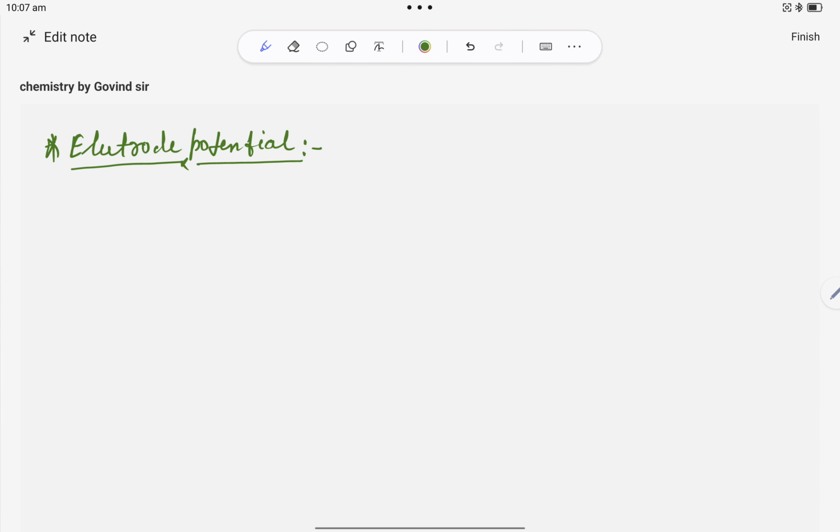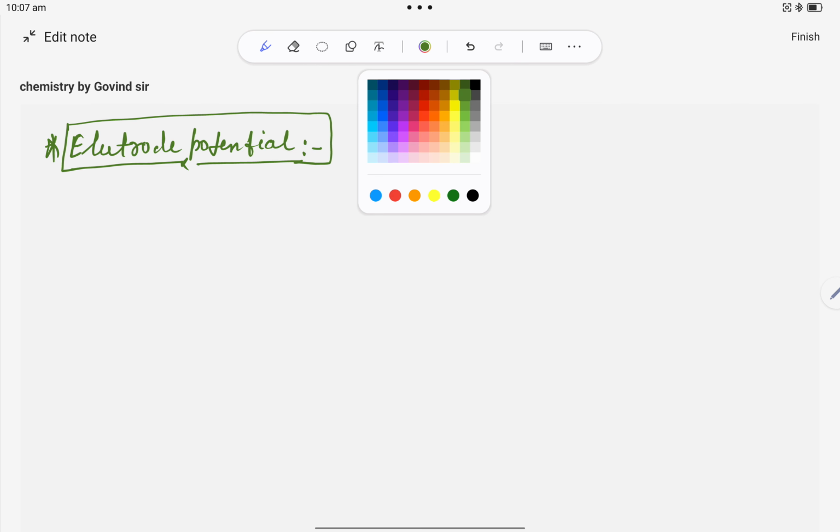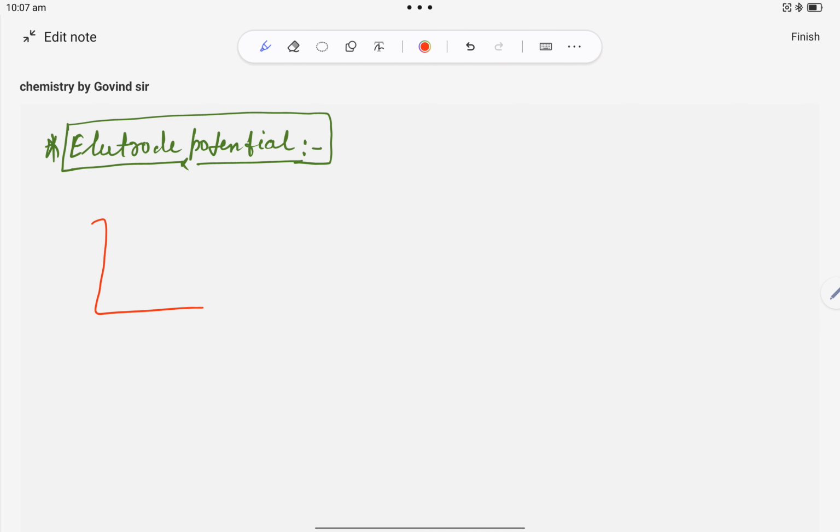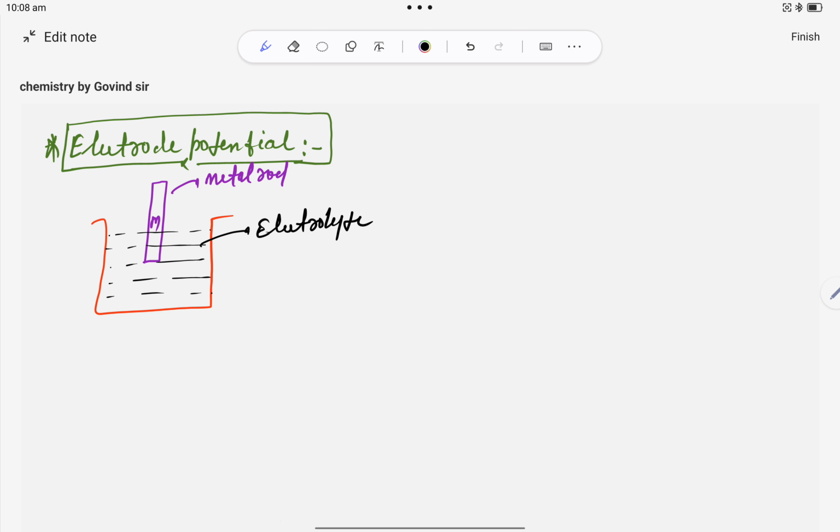In the case of electrode potential, suppose this is a container, and in this container one metallic rod is placed, metal, and in the container electrolyte is filled.